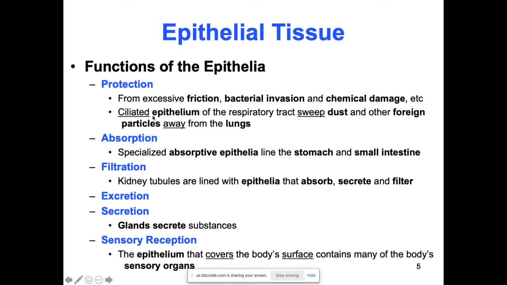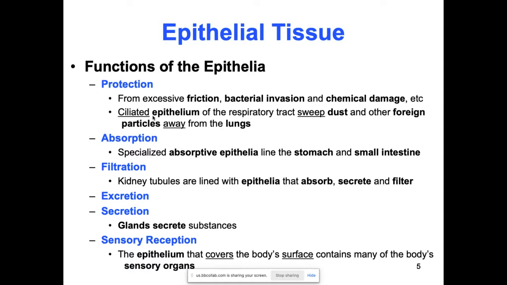Epithelium also has cilia. Cilia are these little hair-like protein filaments, and they are located in the respiratory tract, especially in the trachea, and they beat rhythmically from inferior to superior to sweep up dust. That's the beauty of the cilia. They're designed to prevent dust particles and debris from being breathed in and going down into the lungs, into the alveoli.